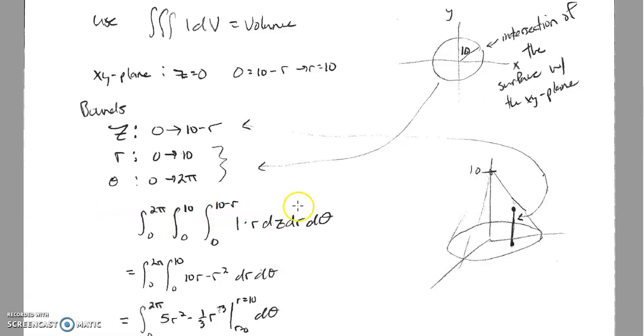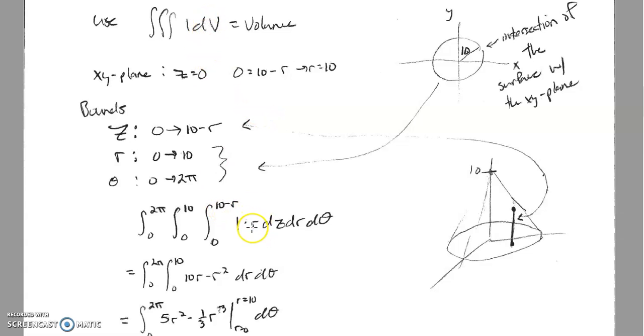From there, it's just a whole bunch of integrals, right? Like it was talked about previously, we usually integrate with respect to z first. So I'm going to go integral from 0 to 10 minus r of 1. This entire r dz dr d theta is our dv.